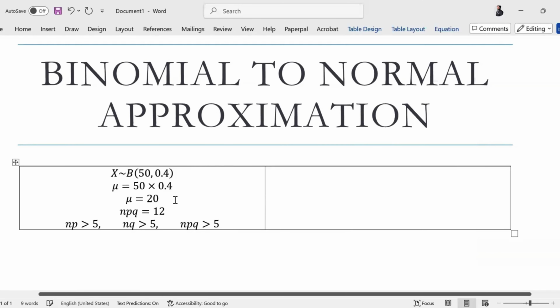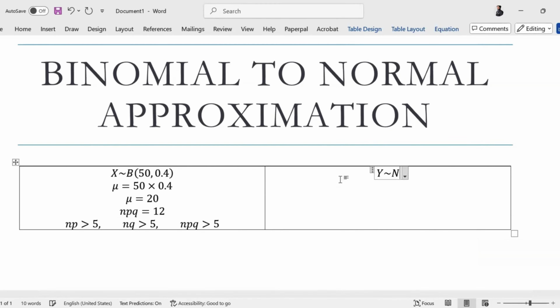If I convert the same variable to a normally distributed variable, what two values do I need? I need the mean and the variance. So in this case, I'll say it is normally distributed with mean 20 and variance 20.